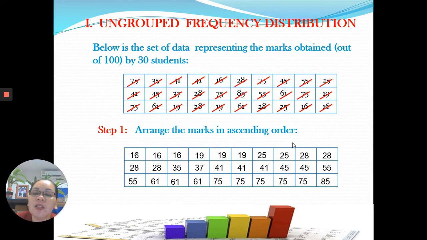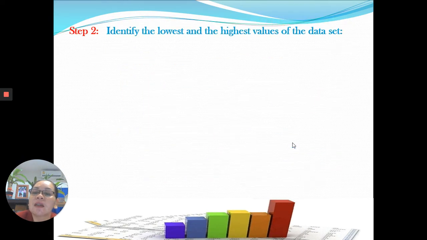And then the second step is to identify the lowest and the highest values of the data set. In our example, the lowest and the highest values are 16 and 85 respectively.